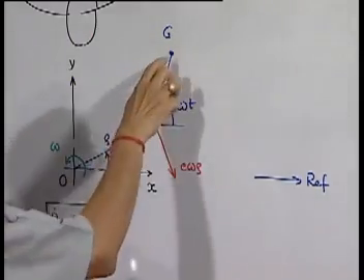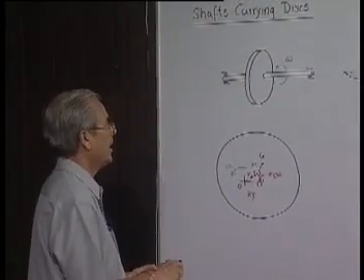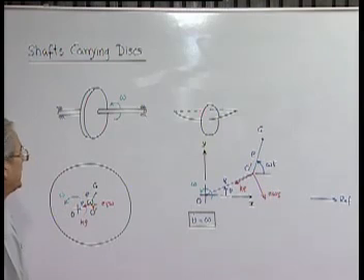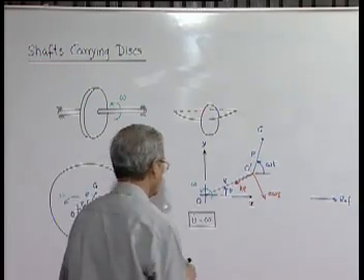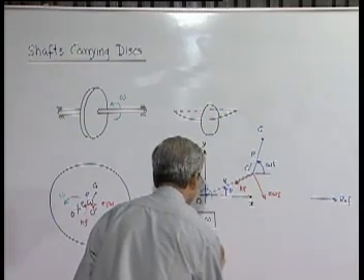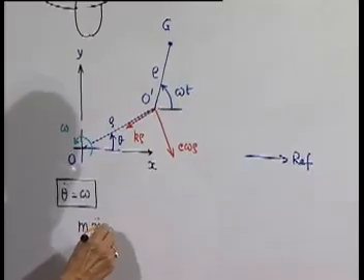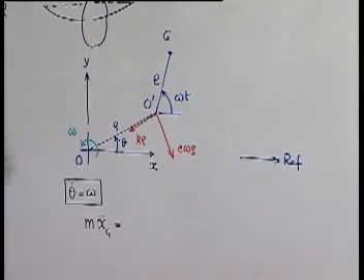So, the coordinate of the center of mass of the disk is xg and yg, and its accelerations will be xg double dot and yg double dot, these components of acceleration. So, therefore, the equation of motion we can write: mass of the disk into xg double dot must be equal to the total force in the x direction acting on it.